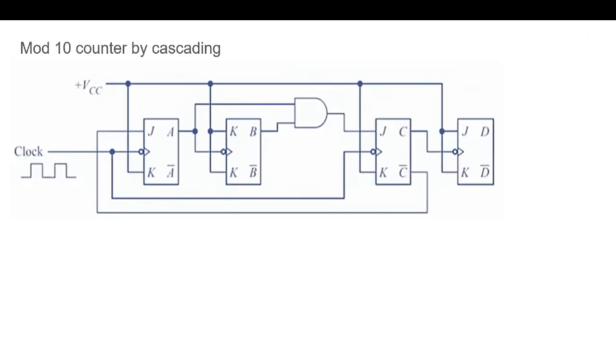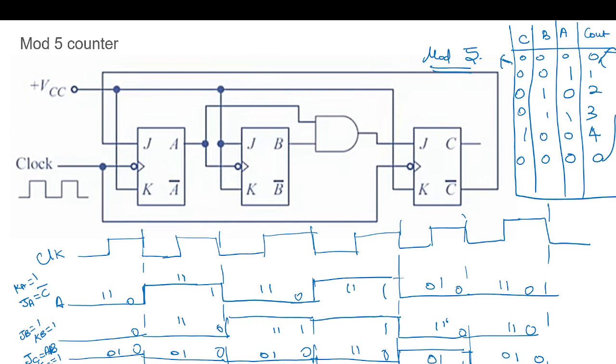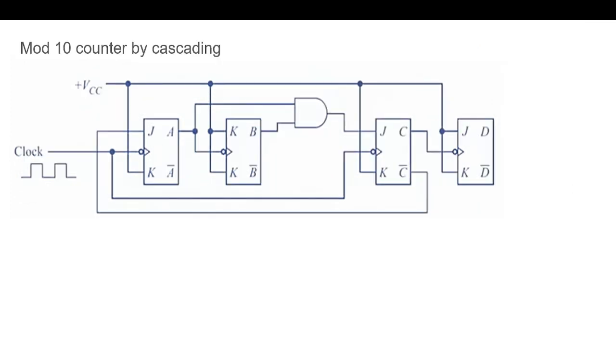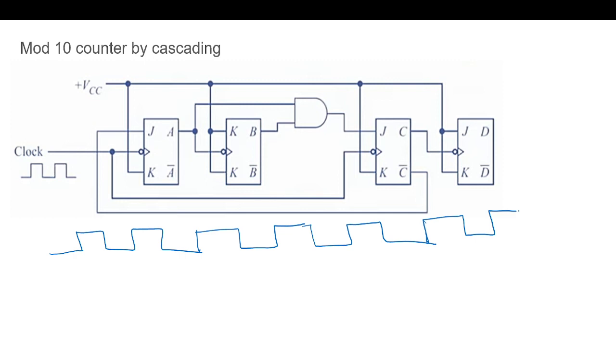Now cascading this modify counter. So this is the modify counter. Now we are cascading the modify counter and obtaining the mod 10 counter. This is the clock.